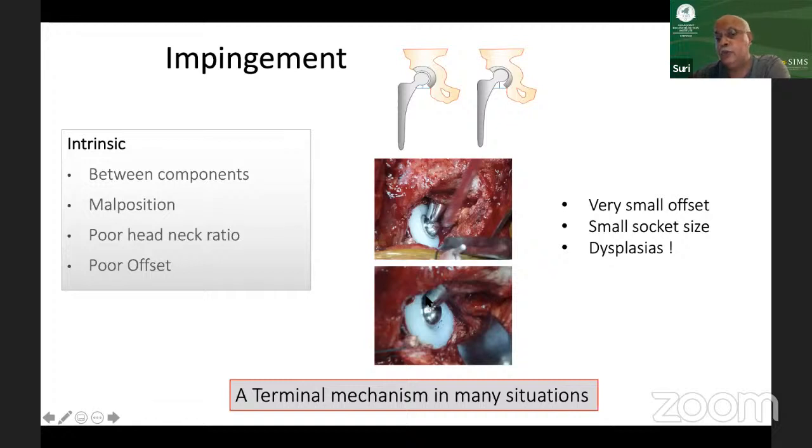And there are the late dislocations that patients present with, especially with small heads or worn-out polys, when they get up from the sitting position, they dislocate. So in short, whatever the reason, in a lot of situations this is a terminal mechanism for a dislocation. And this is what you would like to avoid by increasing the arc of rotation in a safe zone.